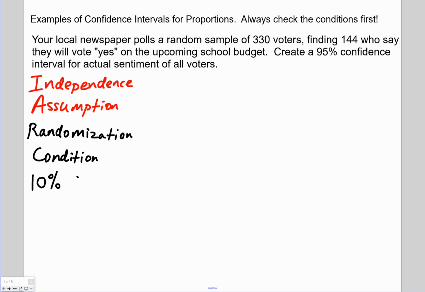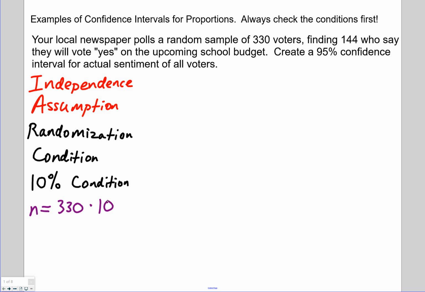Now this one is where I require some math. Let's ask ourselves, what is the sample size? 330. Multiply it times 10, and what do we get? 3,300. I don't know where this local newspaper is from, but are we okay if we just assume it's from Houston or Harris County?